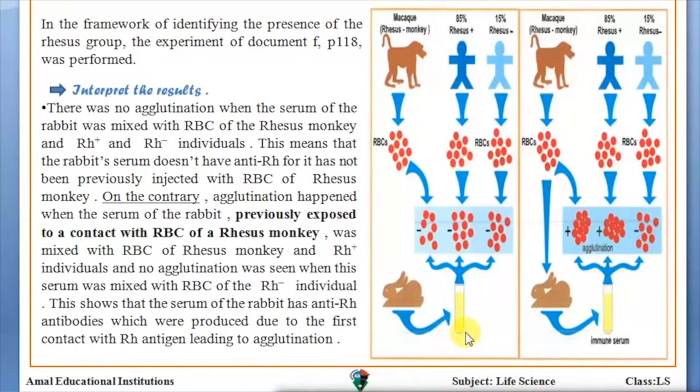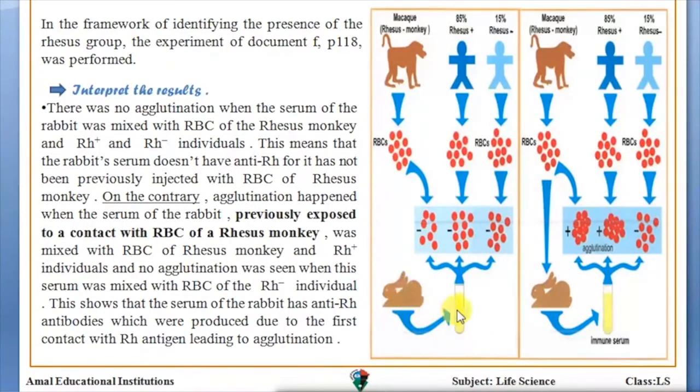However, in the first experiment, this serum has no anti-Rh antibody, since this rabbit has not been exposed to the Rh antigen before. So its body is not going to produce any anti-Rh antibody.